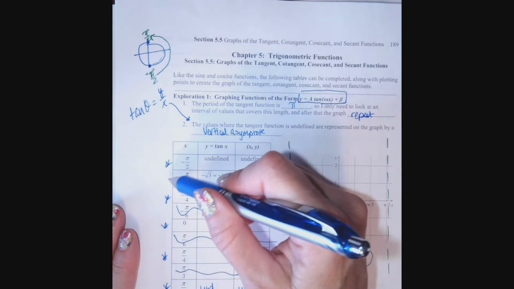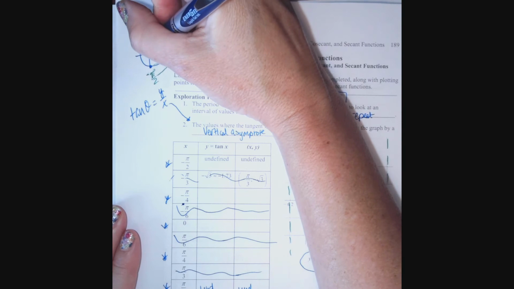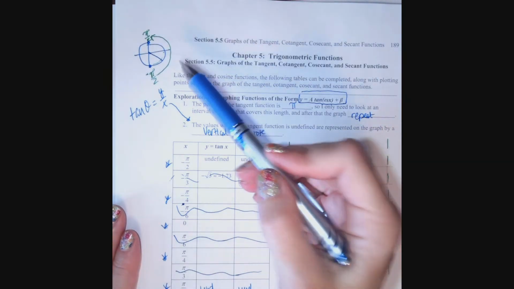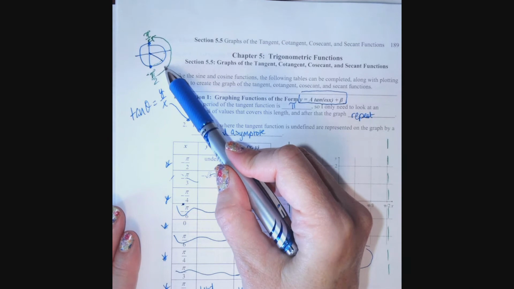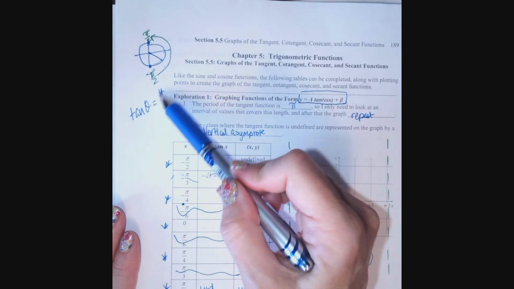It filled in an approximation for us at negative pi thirds. We're not going to worry about graphing that. Our continuous curve is going to hit it. So at negative pi fourths, what is the value for tangent? That's one of my 45s, my pi fourths. So the cosine and sine, the y and the x, are the same, which means it's either 1 or negative 1.